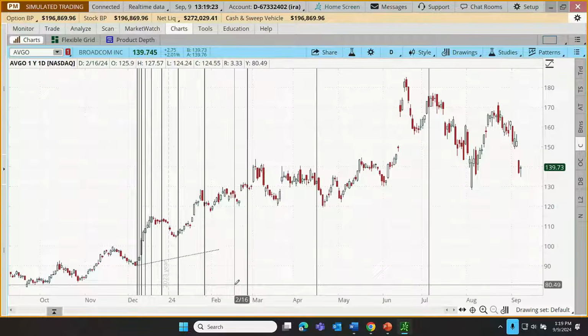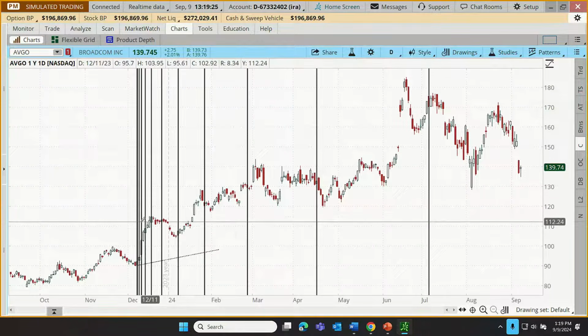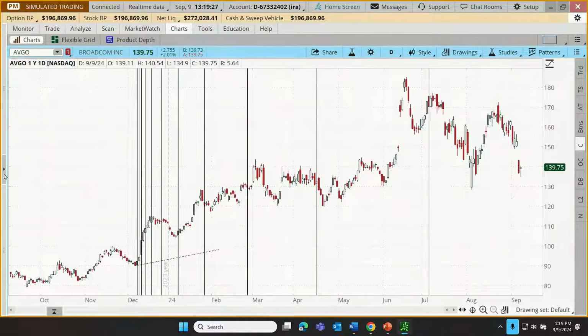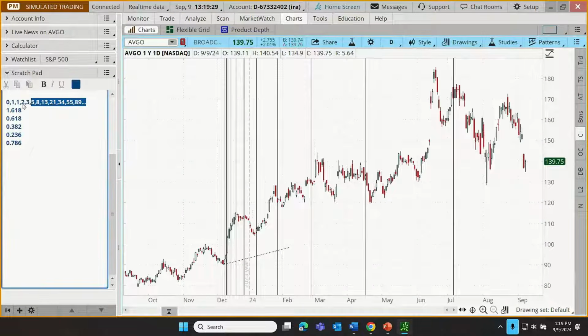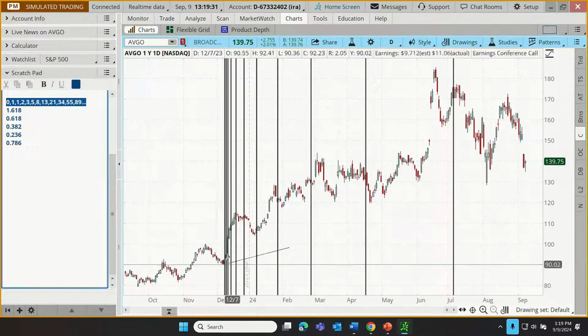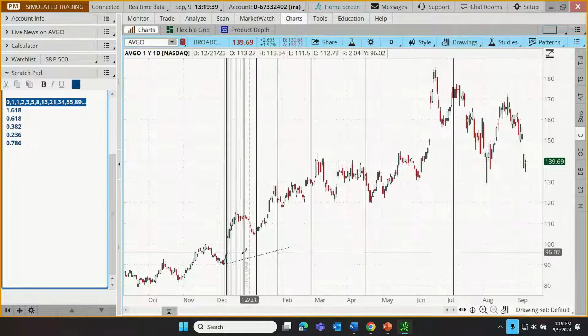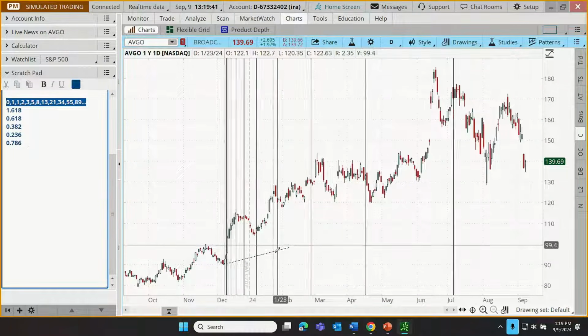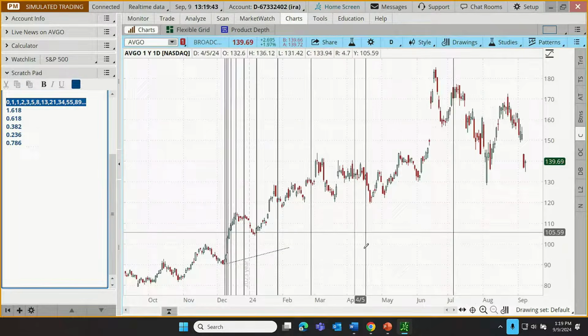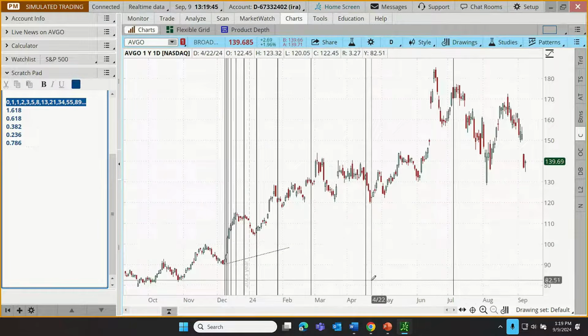Okay. And then it draws out these lines now based on the numbers. This tool actually uses the numbers. So it starts with your 0 date, and it advances 1 day. And then it advances another day, and then skips 2 days, and then skips 3 days, and then skips 5 days, and then skips 8 days, and 13 days, and 21 days. And that's how those lines are drawn.